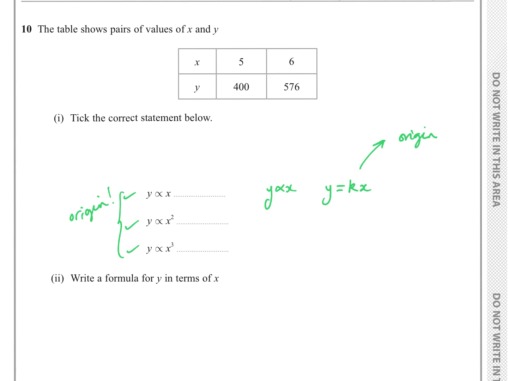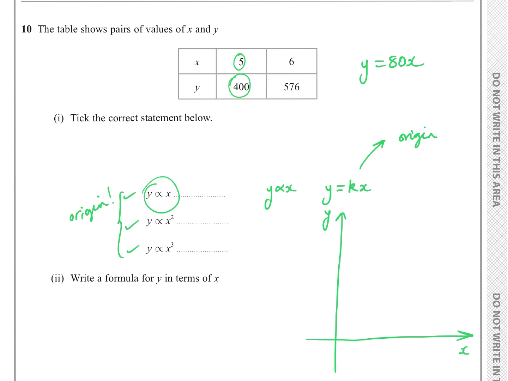Now, that's an important feature, because if I was to do a little sketch here, and we're looking at the first one to see whether that fits. If x is 5, y is 400, so that means x has to be times by, well, you can use your calculator, and I can see that's 80. So that would be a relationship y equals 80x.